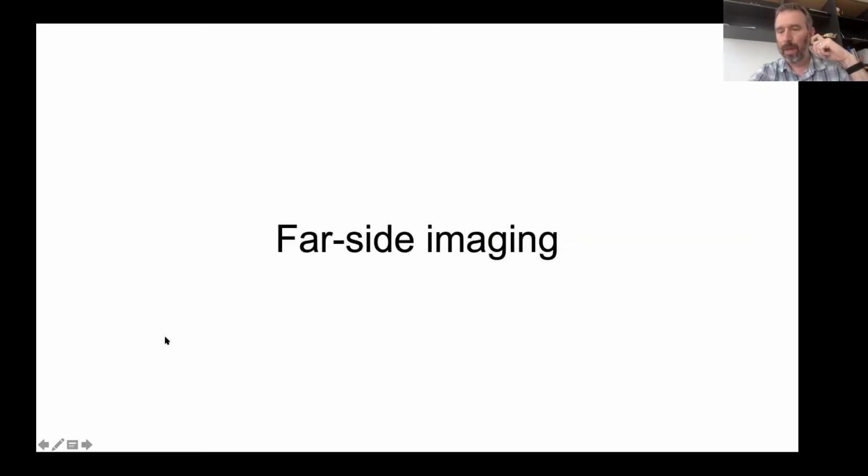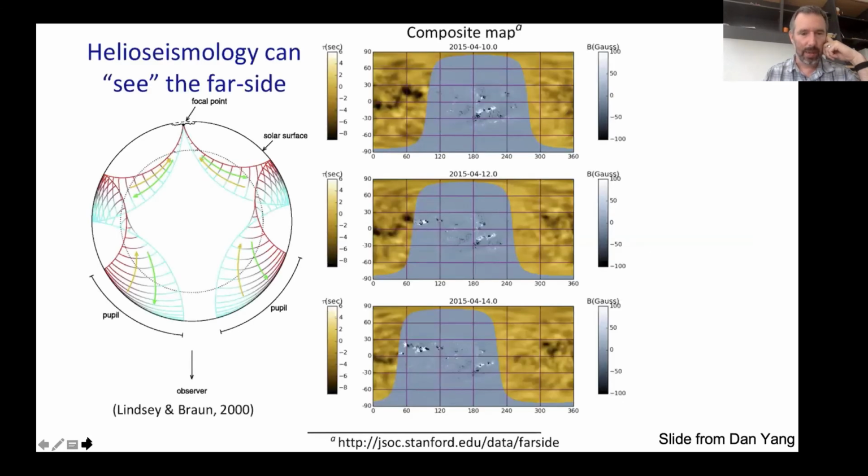Okay. I wanted to show one slide about far-side imaging because it's neat. So here, what's happening, this is a ray path diagram. So imagine you're observing from down here. You're observing waves that you see on the front side of the sun.